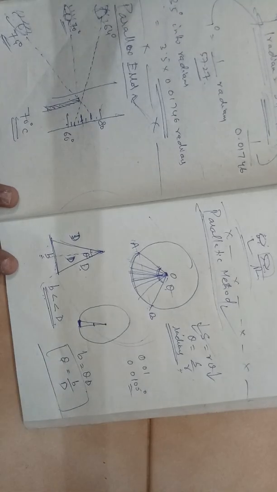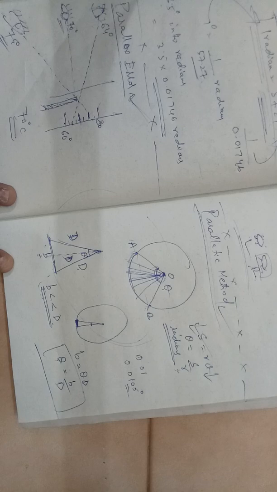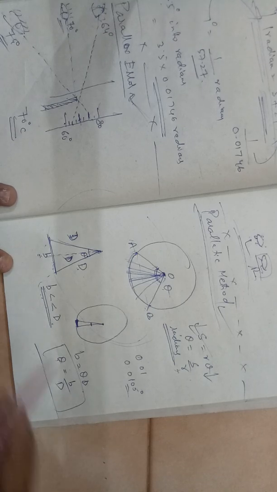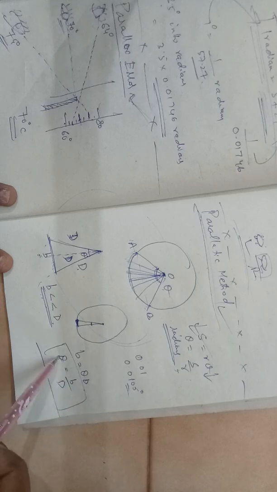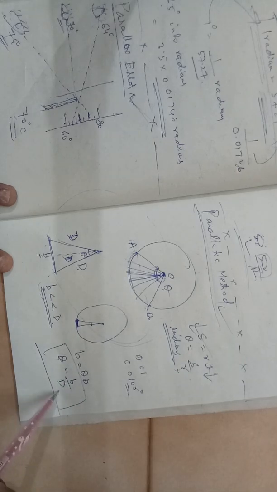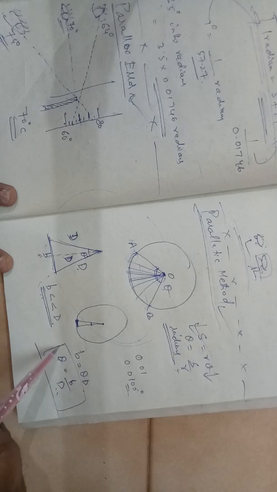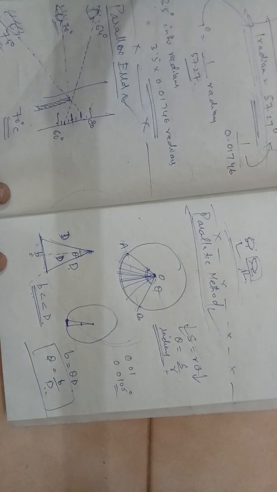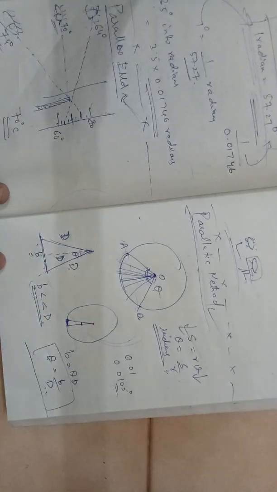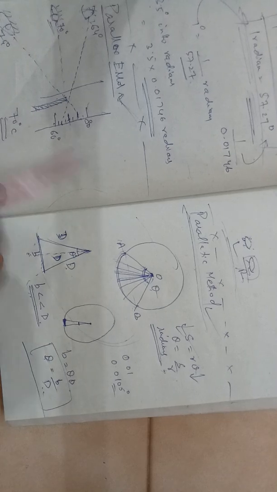Now this theta is called the parallactic angle or parallax angle. So if I know theta and B, I can work out D. If I know B and D, I can work out theta. The application of this is that we can find large distances using this method, and this method is called the parallactic method.